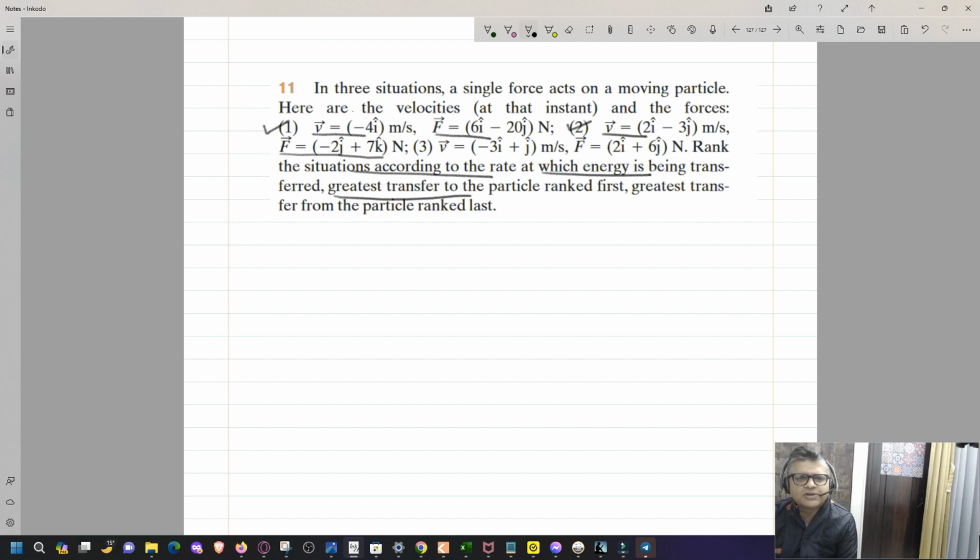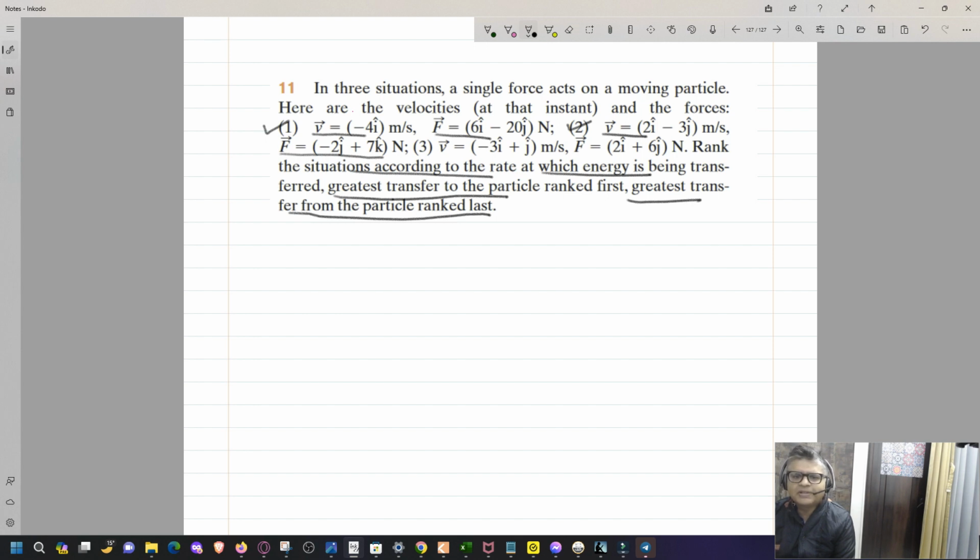Greatest transfer to the particle is ranked first, greatest transfer from the particle is ranked last. So you can see there are 2 phrases being used: greatest transfer to the body and greatest transfer from the body. So in one case the body is delivering power back to you, and in the other case you're delivering power to the body, right? Which means if you do work on the body, the energy of the body goes up.